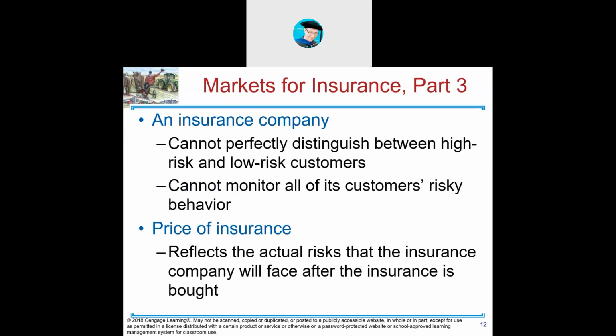Insurance companies are not perfect, obviously. There are high and low risk customers that insurance companies have. So they try to spread that risk, but they also try their best to control or not control, but monitor their high risk customers and their behaviors.